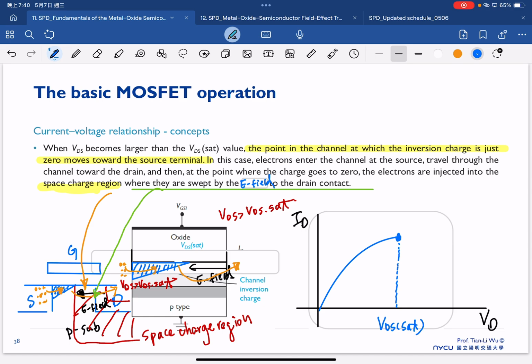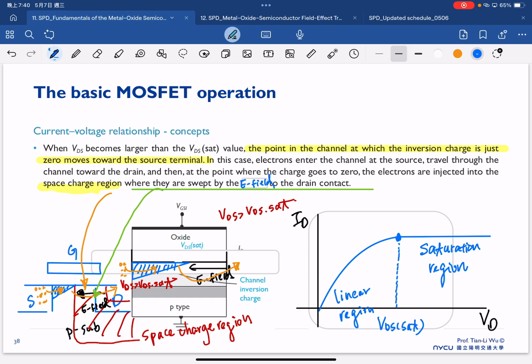And beyond this region, we will start to have the saturation current here. Thus we call this the saturation region, and this the linear region.